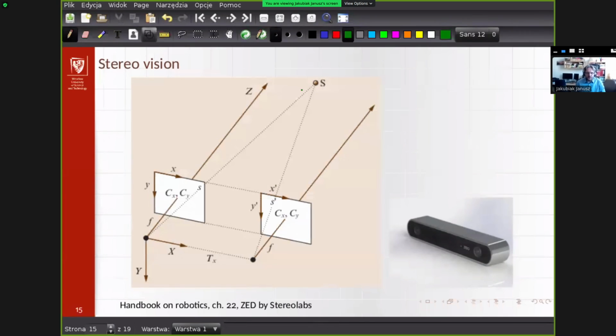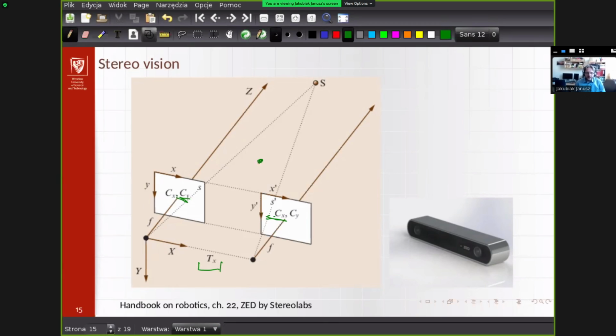So you detect an object, you see it with two cameras, and in one camera you see it here, with the second camera you see it here, and comparing the difference between the images of the two cameras and knowing the so-called base, the distance between the two focal points, you can calculate where the object is.